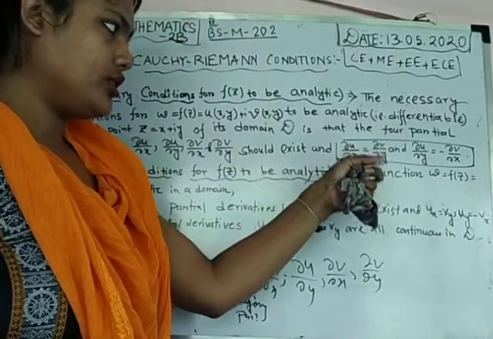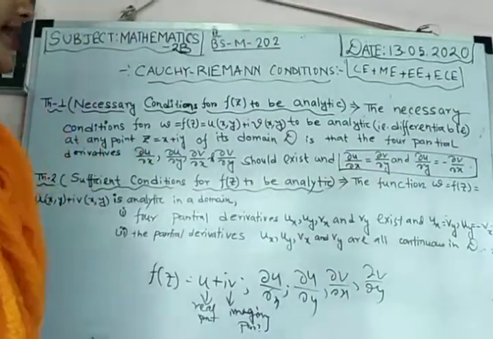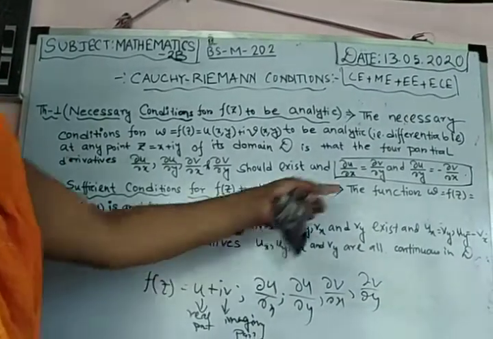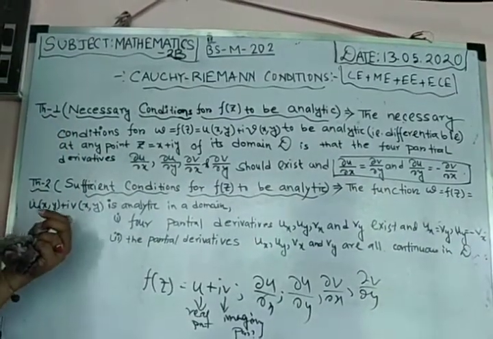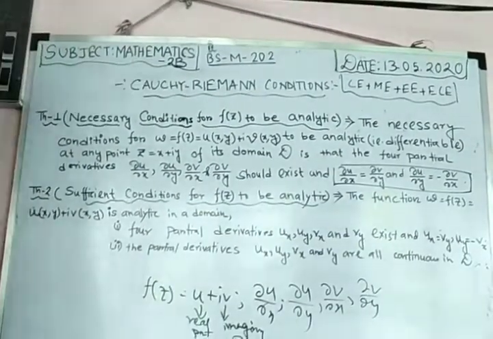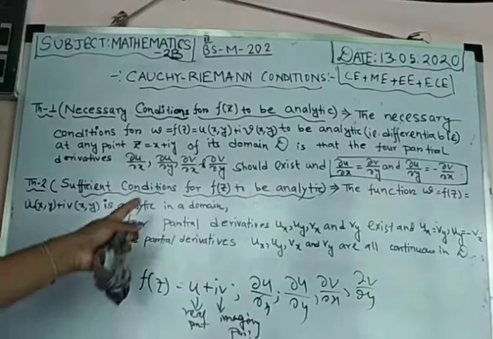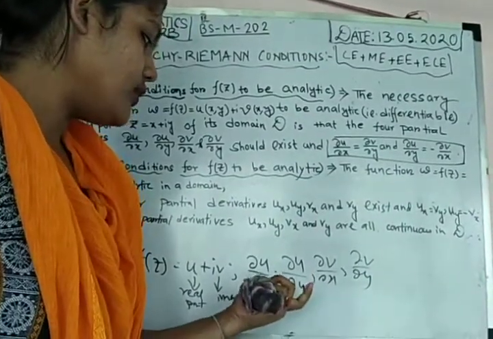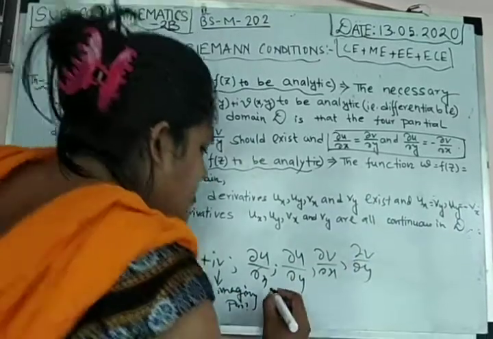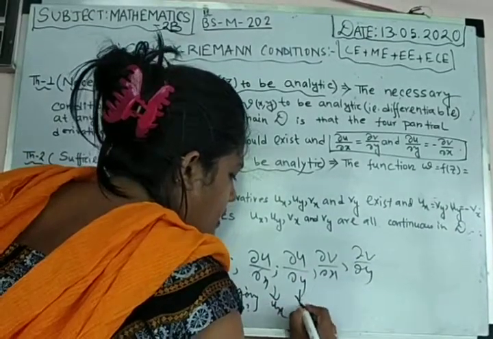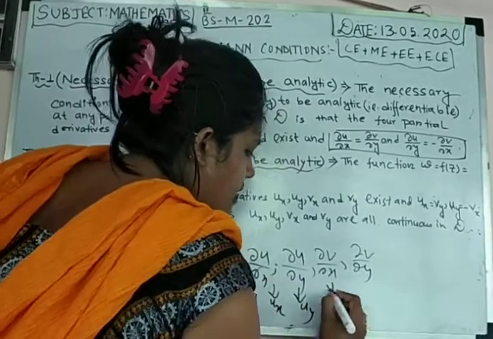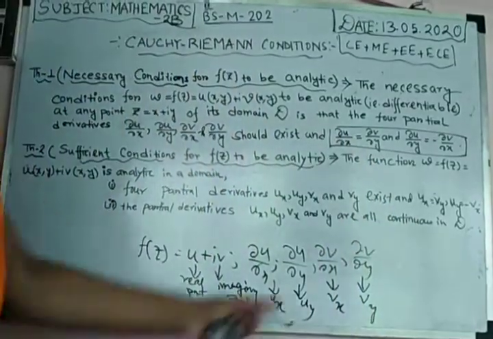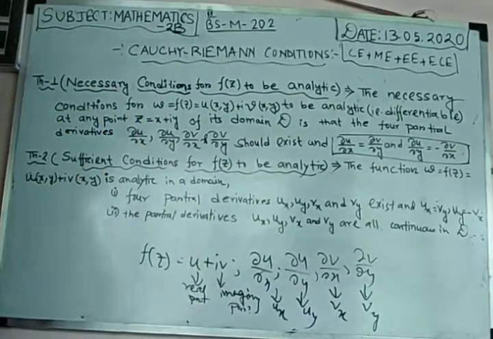Del u del x equals del v del y, del u del y equals minus del v del x. And our sufficient condition for f(z) to be analytic: the complex function f(z) equals u plus iv is analytic in a domain if there are two conditions. First, the four partial derivatives del u del x, del u del y, del v del x and del v del y, denoted by u suffix x, u suffix y, v suffix x and v suffix y, exist and the Cauchy-Riemann equation is satisfied.